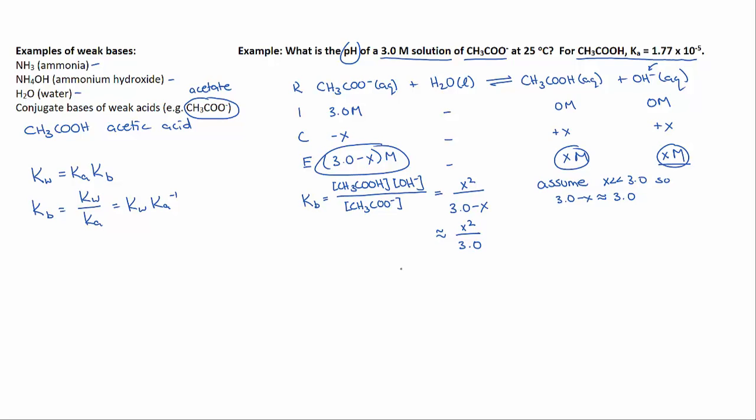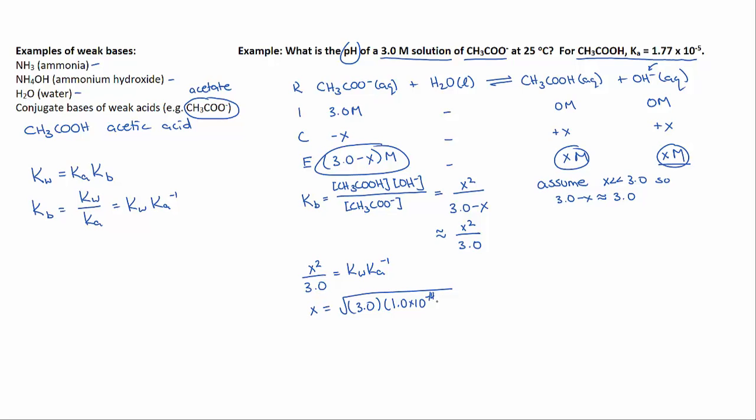So we'll say that this here is x squared over 3.0, our Kb, is also equal to Kw times Ka to the minus 1, and I will solve for x here. So x is equal then to the square root of 3.0 multiplied by Kw. We can fill in that value, which is 1.0 times 10 to the negative 14.